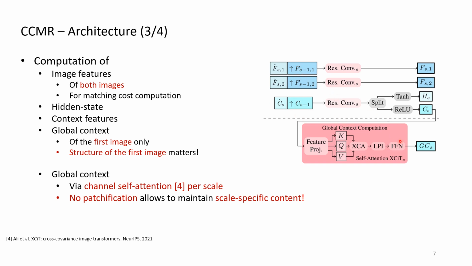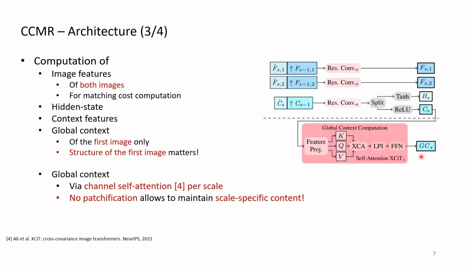Now, how do we compute the global context? We want to have more global, self-attentive context features. For this, for each scale in all our coarse-to-fine scales, we pass this context on scale S through a self-attention excite unit. So we compute features, keys, queries and values, and then we pass them through a cross-covariance attention module, and after that a local patch interaction and a feed-forward network.